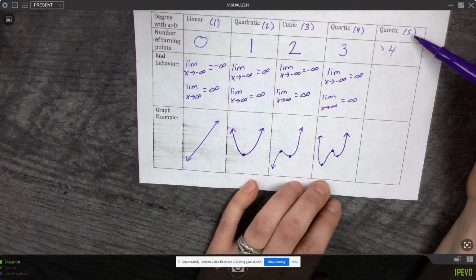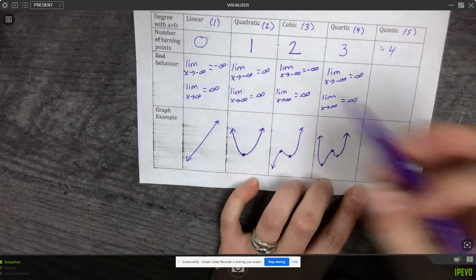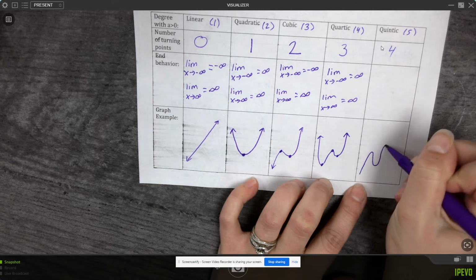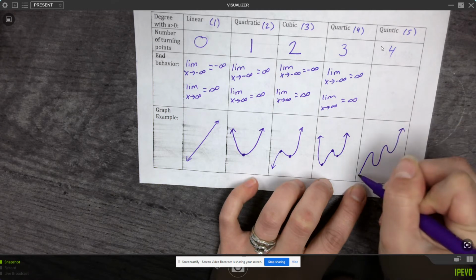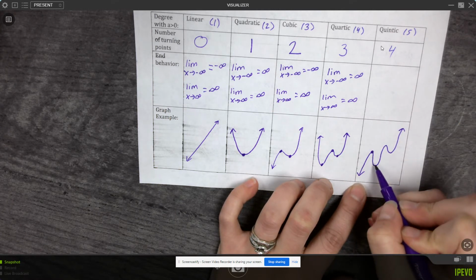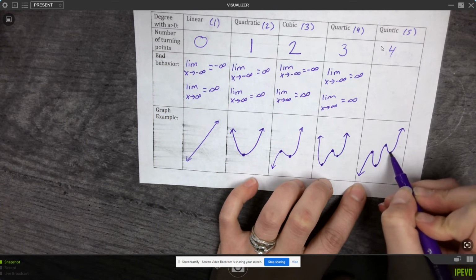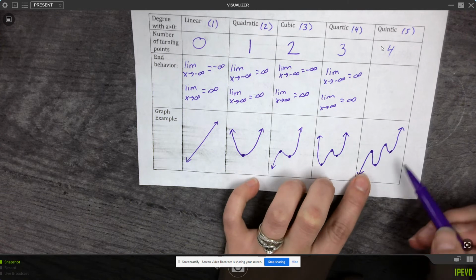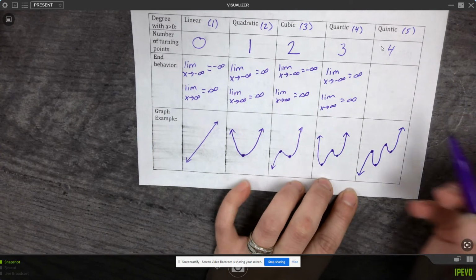And then your quintic has 4 turning points, and if I want it to be positive, it should go in a rising direction. So there are 1, 2, 3, 4 turning points. And your ends go in opposite directions.